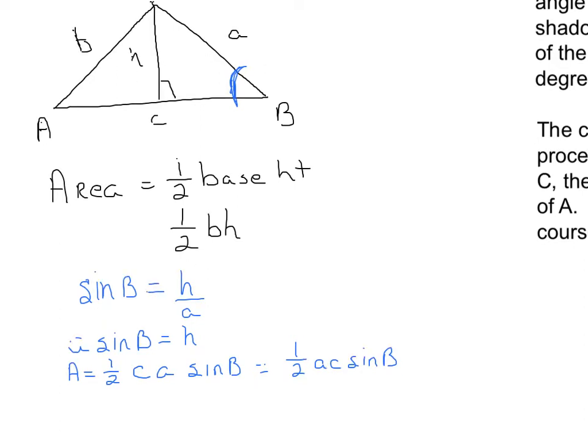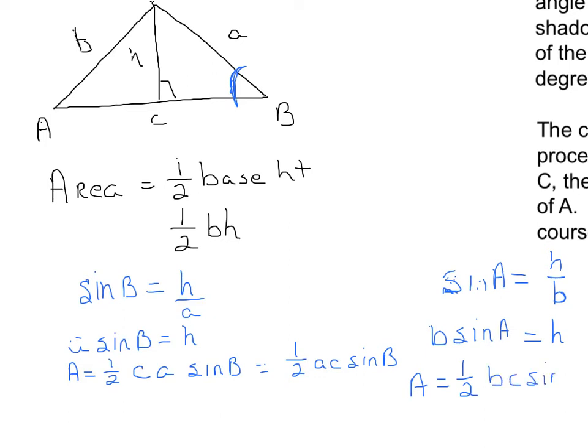Now we could do exactly the same thing looking at angle A. We could say that the sine of angle A is equal to height over side B. So the height equals B times the sine of A. And if we wanted an area formula here, area equals 1/2 of C times B sine of A, or I'm going to rearrange my letters.